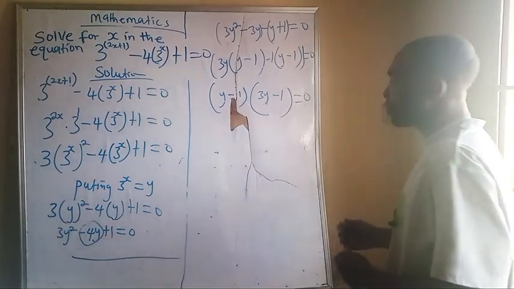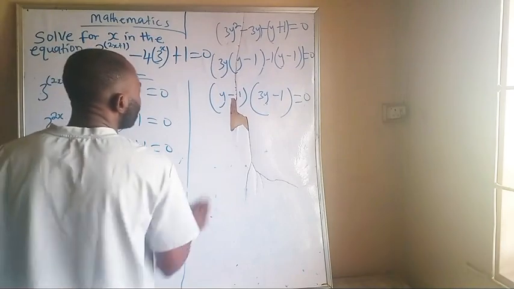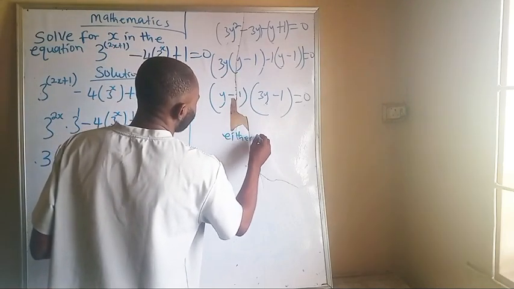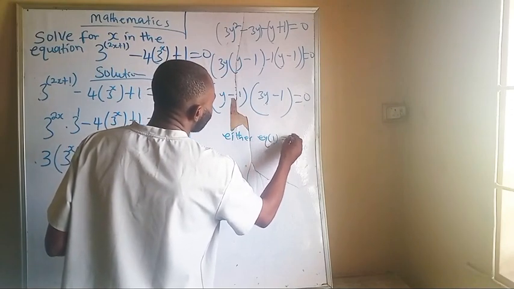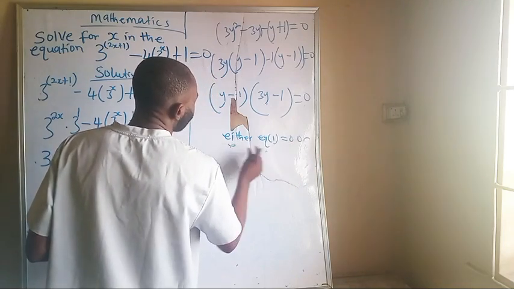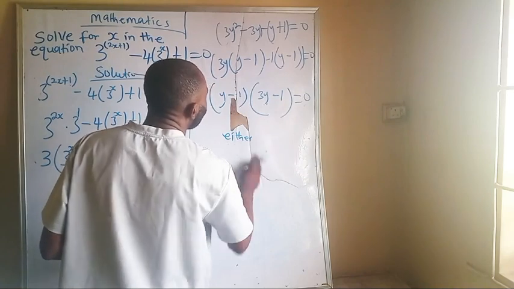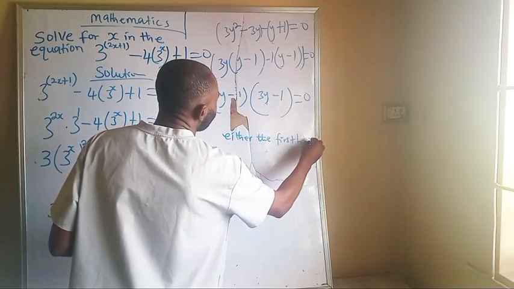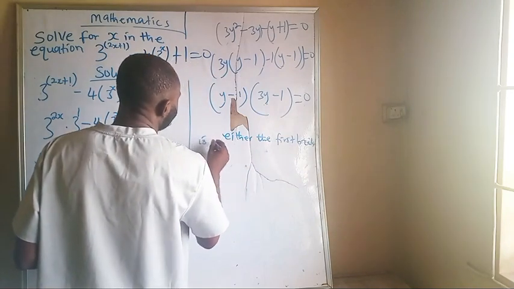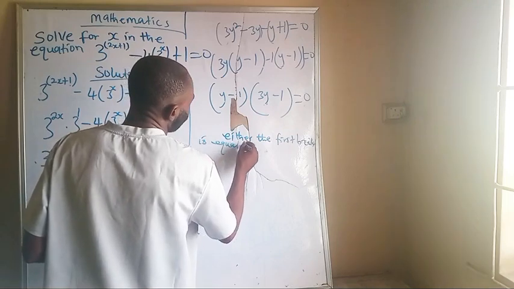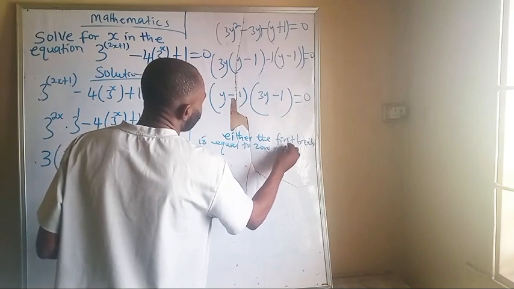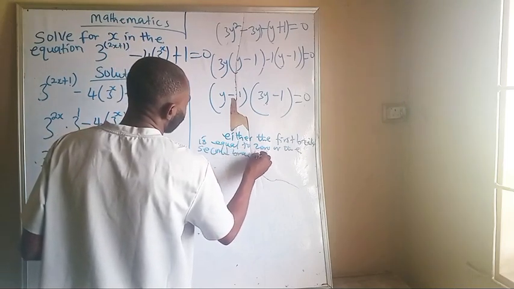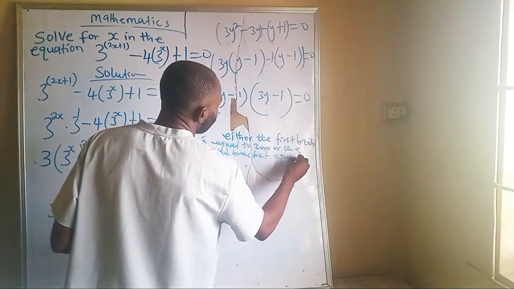So the next thing is, either the first bracket is equal to 0 or the second bracket is equal to 0.